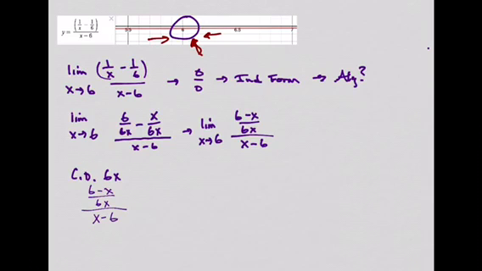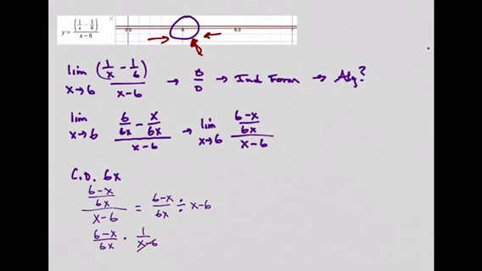It can be helpful to think about that as 6 minus x over 6x divided by x minus 6. It means the same thing. I just rewrote it. And when I do that, perhaps you'll remember that you multiply by the reciprocal. Okay?